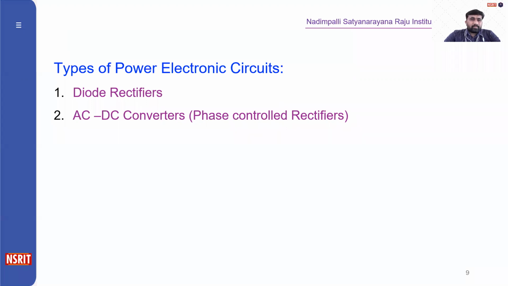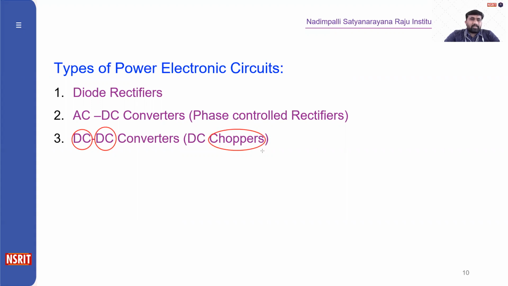And then DC to DC converters. If your input is DC and output is also DC, then that converter is called a chopper, DC choppers.